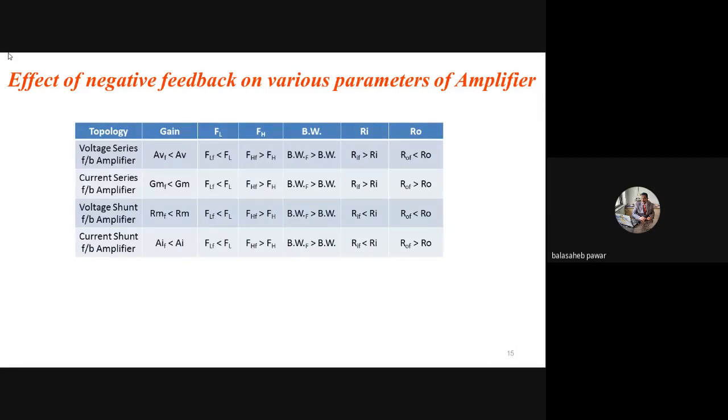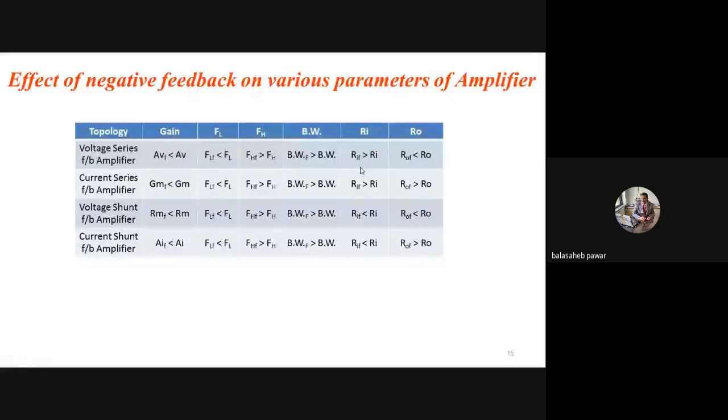So practically what is possible? Try to increase the input impedance and try to decrease the output impedance as long as a voltage amplifier is concerned. Okay. So see, as the first topology is voltage series, its input and output are both voltages. The basic amplifier will be a voltage amplifier. As we know, both impedances get improved by using negative feedback.